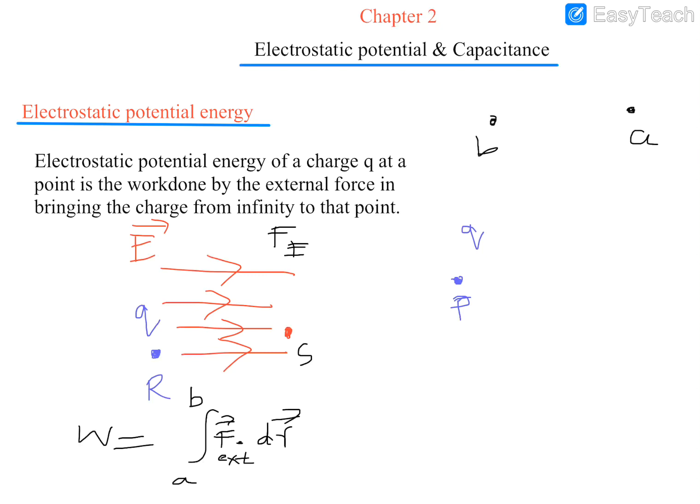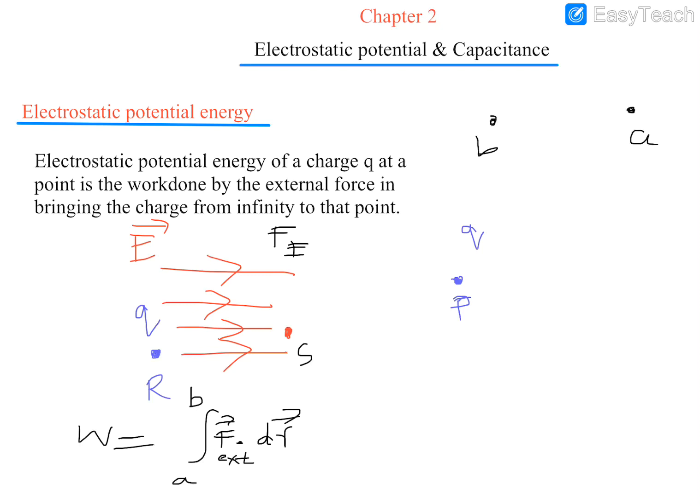So electrostatic potential energy is nothing but the amount of work done to bring a charge from infinity to a point. At that point we will define electrostatic potential energy associated with that charge.